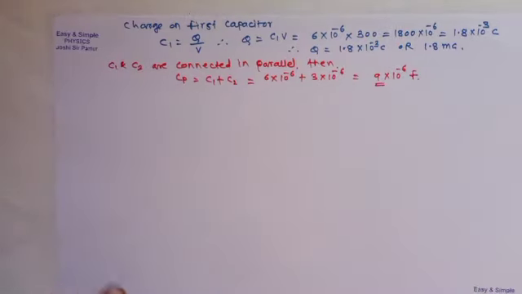So for the parallel combination, the resultant capacity will be 9 into 10 raised to minus 6 farad.